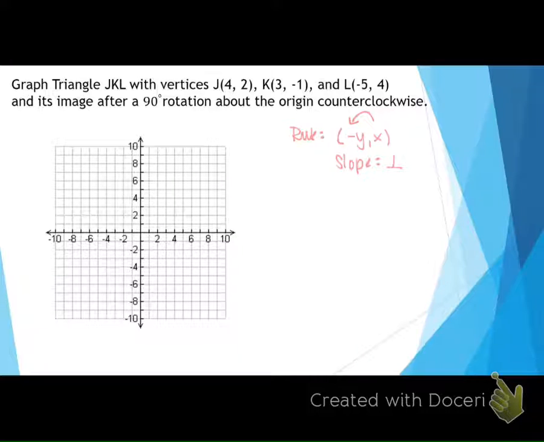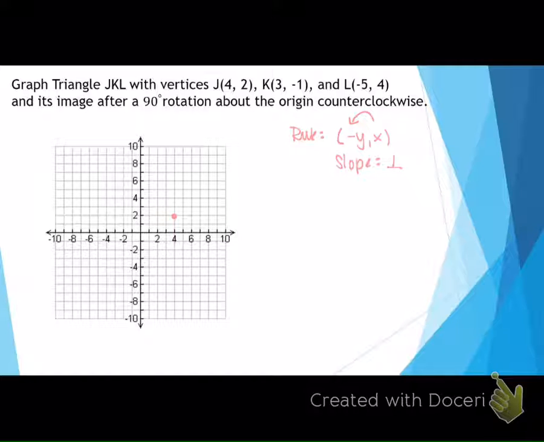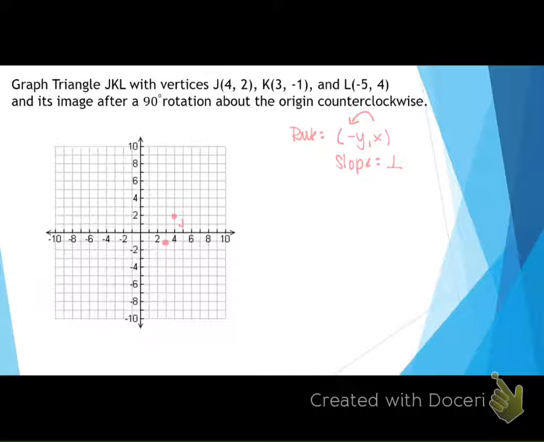So we go to 4, 2, and we have a point J there. 3, negative 1, down there, and negative 5, 4, up here.